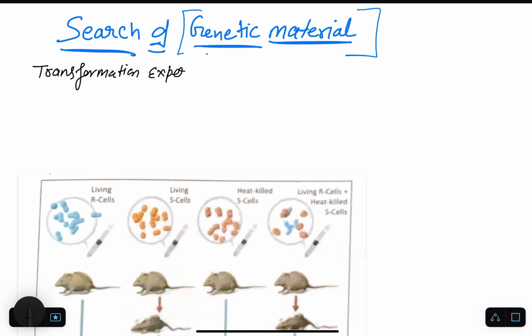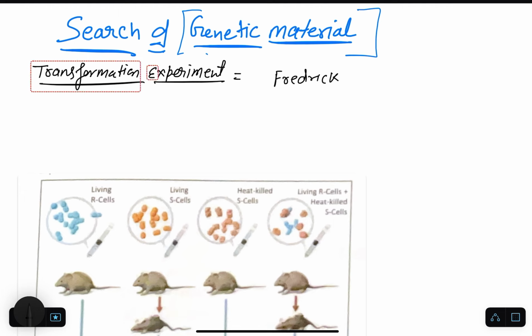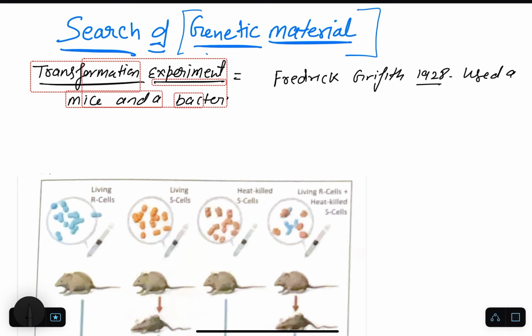In this transformation experiment, a scientist named Frederick Griffith in 1928 used mice and a bacterium known as Streptococcus pneumoniae.